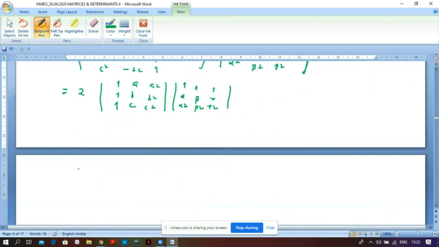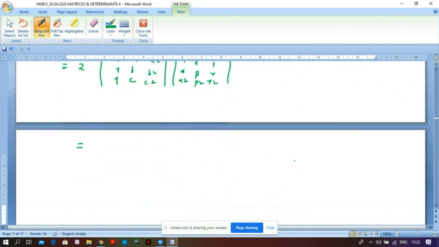The last step is to observe that you have got 1 x x square, 1 y y square, 1 z z square. This determinant equals x minus y, y minus z, z minus x. One can of course get it by subtraction, or you can think of a polynomial in x.